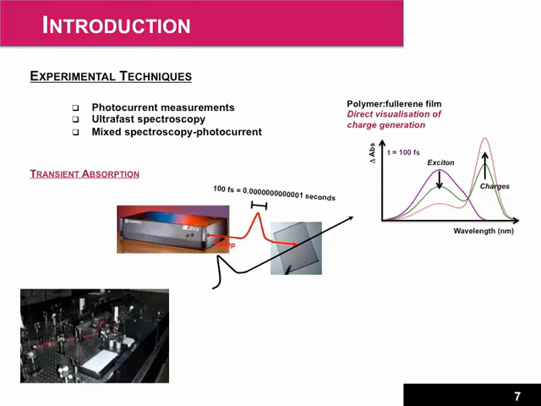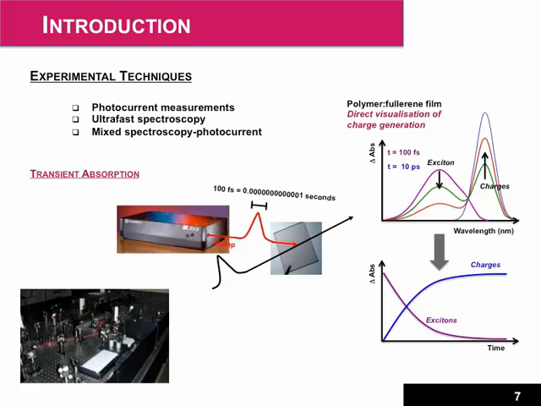We continue this several times, and like this we can really follow the dynamics of the exciton decay and the charges appearing. This is how we follow the reactions that take place in those polymer fullerene blends.